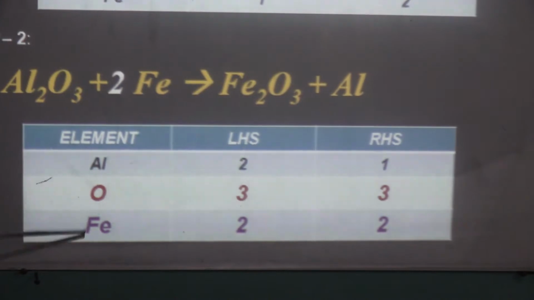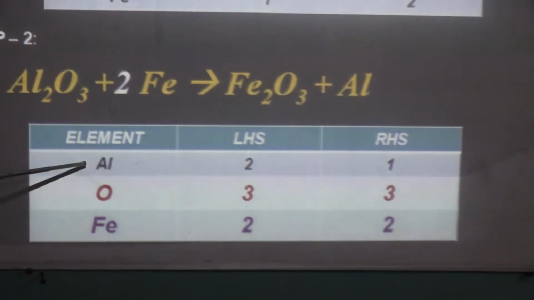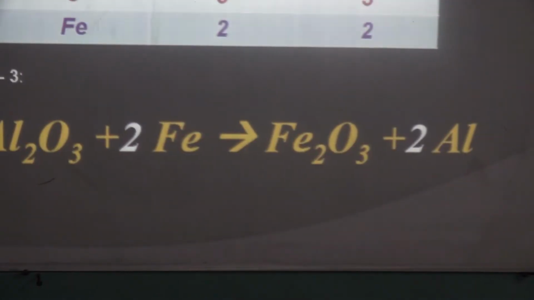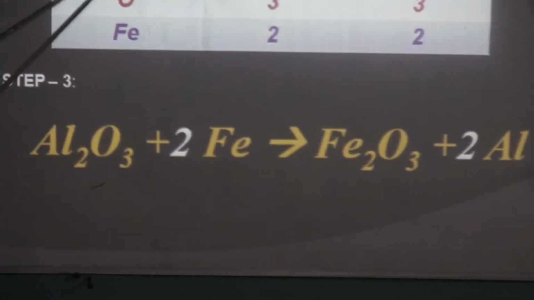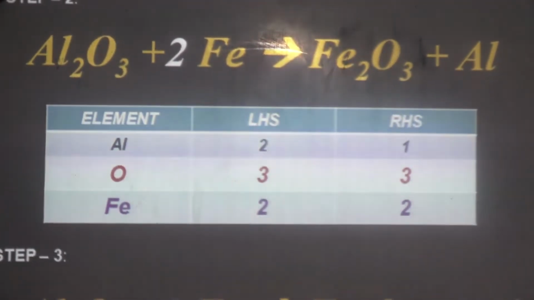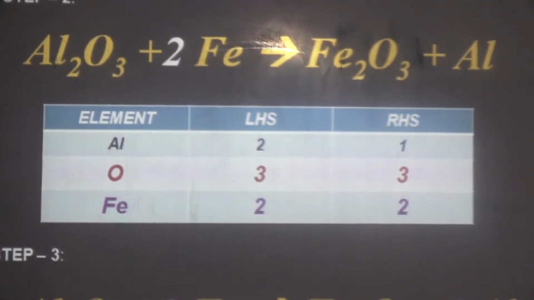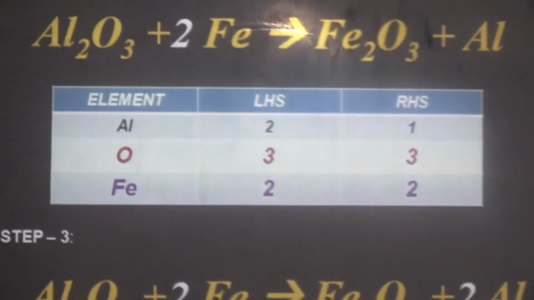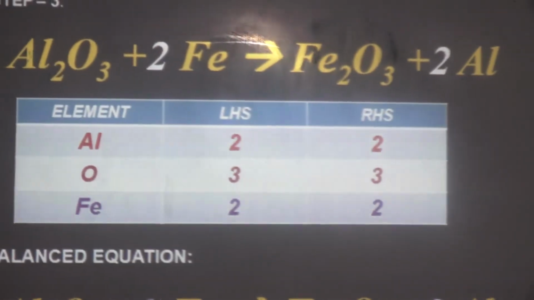Now oxygen and ferrous are balanced. Now I have to balance the aluminium. Aluminium on the left hand side I have 2 atoms and on the right hand side I have only 1 atom. Now I have to increase the number of atoms on the right hand side. That's why I introduced 2 here. Now let us see whether it is balanced or not.